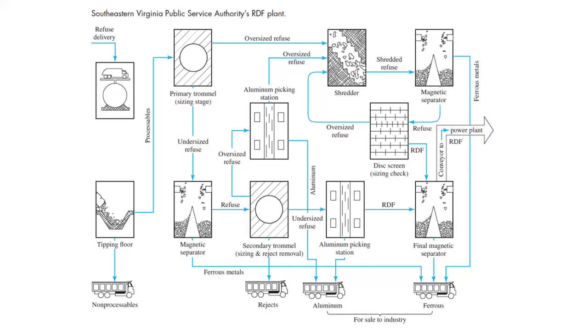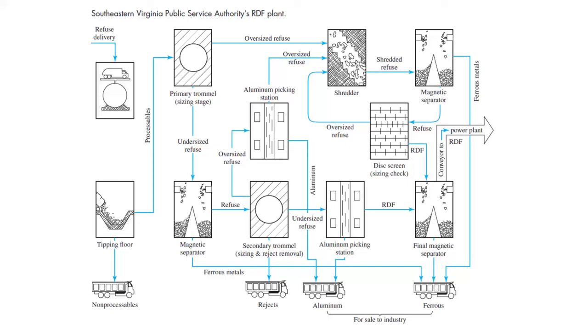In a typical system, the municipal solid waste is fed into a trommel, or rotating screen, to remove the glass and dirt, and the remaining fraction is conveyed to a shredder for size reduction. Now, the shredded waste may then pass through an air classifier to separate the light fraction, the plastics, paper, wood, textiles, food waste, and smaller amounts of light metals, from the heavy fraction, metals like aluminum and small amounts of glass and ceramics.